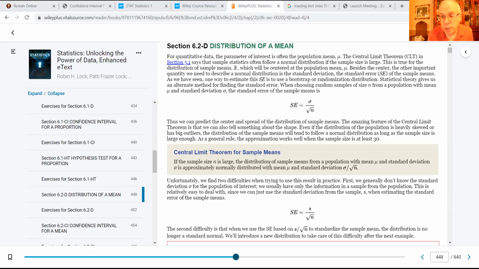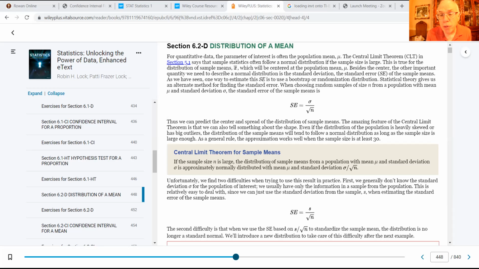There's no proportion that we're dealing with, so there's no n times p, because there's no p. So we just use n at least 30. You should put that into your notes because it is not in the textbook, but almost every textbook assumes that. So the central limit theorem says that if the sample size is sufficiently large, and that means at least 30, the sampling distribution is normal.